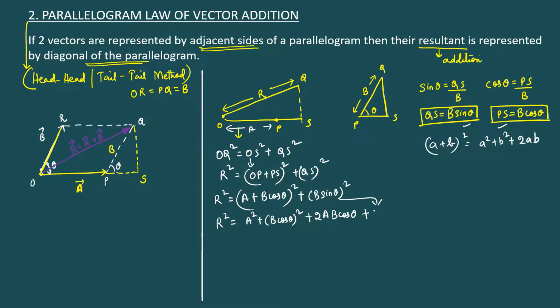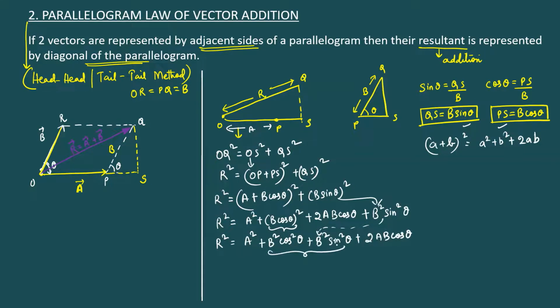The square is for both the terms, so we can write it as B square sine square theta. I'll write B square sine square theta over here so that we can take out the B square common.